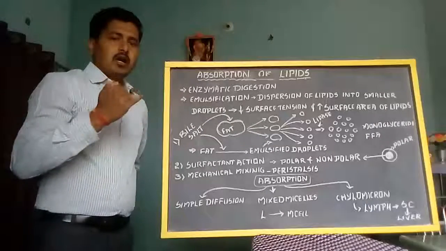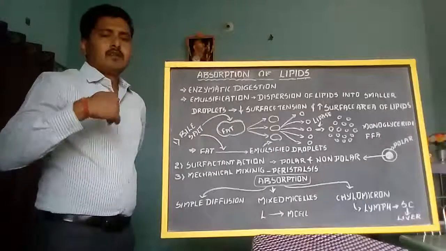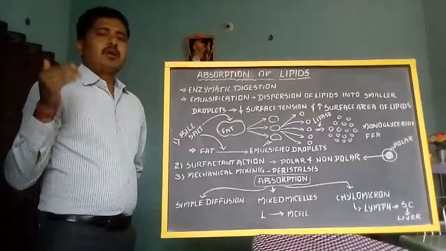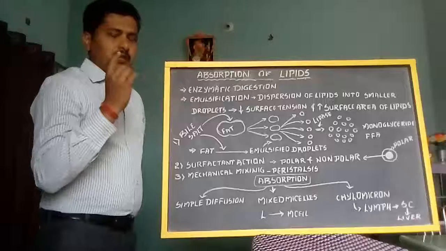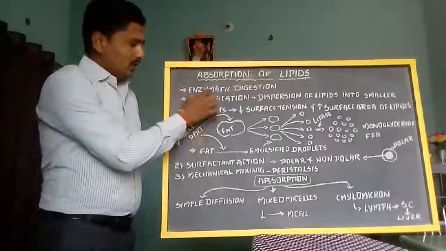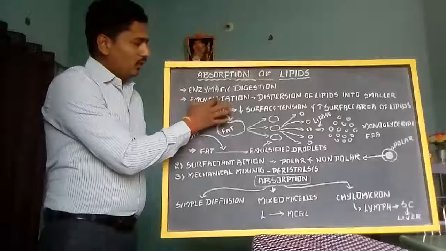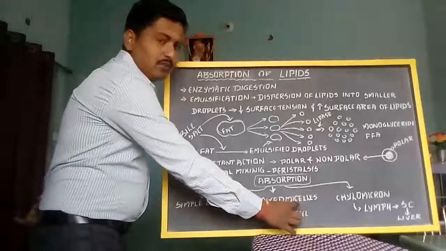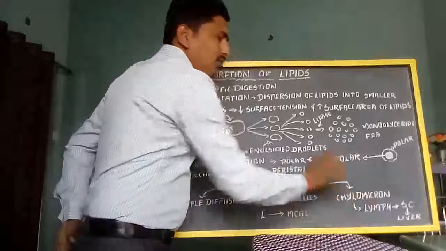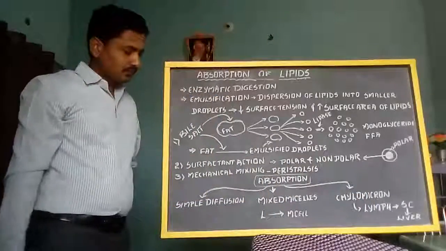Regarding absorption, lipid is different from carbohydrates and proteins. We should keep in mind that while absorbing fat, there must be emulsification, formation of mixed micelle, and lastly formation of chylomicrons.